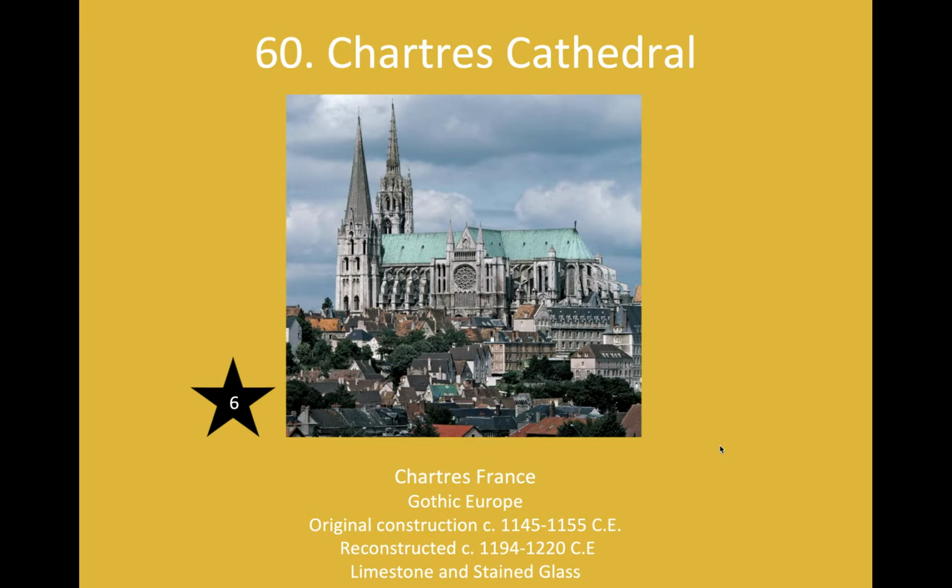But in the 50 years that passed between 1145, when the Romanesque church was built, and 1194, when the Gothic part began, the ability to build changes dramatically. And so where Romanesque churches were sort of short and dark, in that 50 years, they learned how to build tall, and Gothic cathedrals become tall and light.